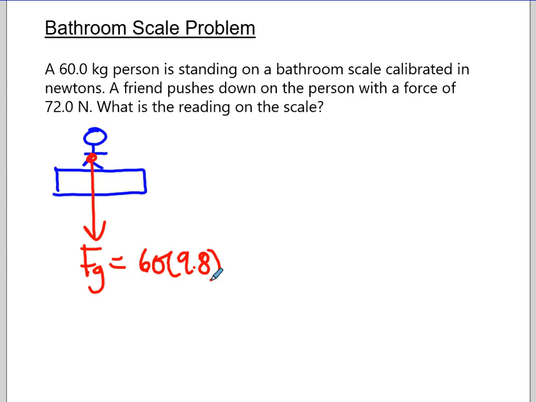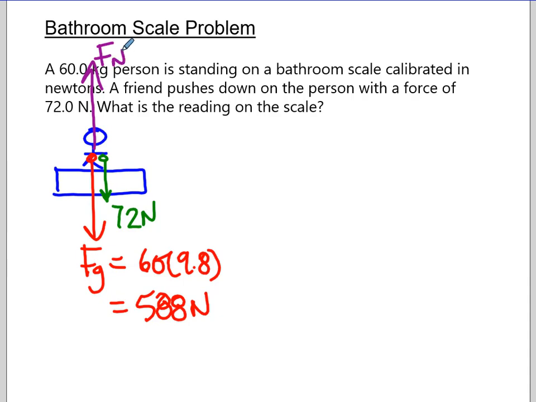Okay, so 60 times 9.8 is 588 newtons, but someone's also pushing down on them with 72 newtons. Okay, so the bathroom scale, and I'm going to use purple for the bathroom scale, is going to represent our normal force.